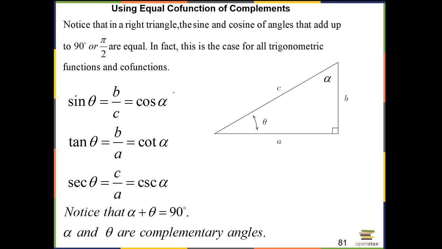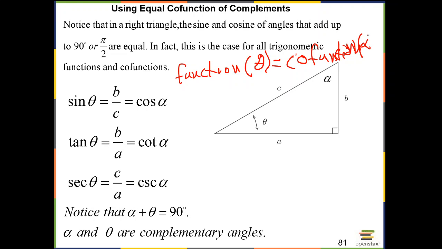Any function of one angle, maybe theta, is the same as the cofunction of the other one, alpha.